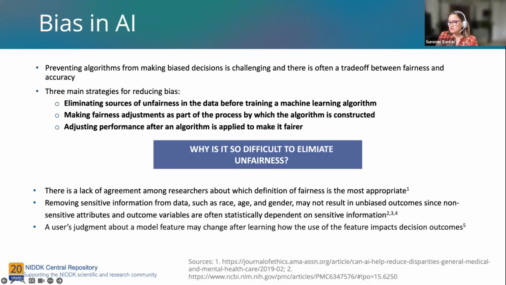So step two is you make some fairness adjustments to the algorithm, like Luca was showing, right? They were actually able to adjust the algorithm to account for the fact that they probably didn't have much data on people of color and didn't have much data on people that were of a lower socioeconomic class, things like that. And then we also have a simple assessment, right? We can adjust the performance after the algorithm too, rather than just tweaking the algorithm, we can do something afterwards as well.